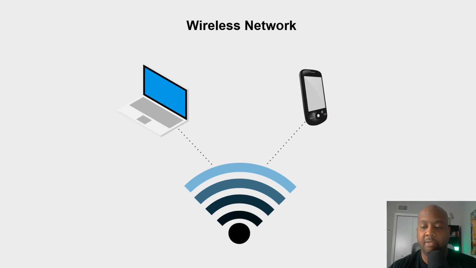Probably most commonly familiar with that at home. So if you have a home router that provides internet, a lot of times that router will provide wireless for your house or apartment. And so I think everybody today is familiar with wireless. You can connect on your phone from your PC. A lot of times you do that not only at home, but in public places, at work, airports, coffee shops, things of that nature, right?